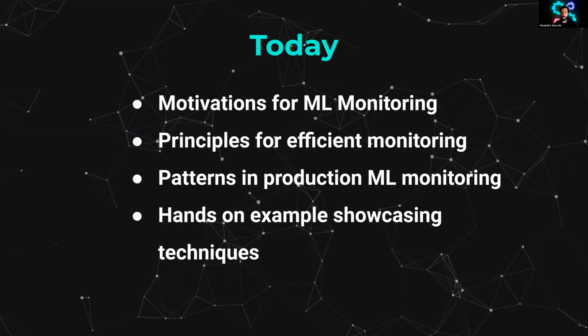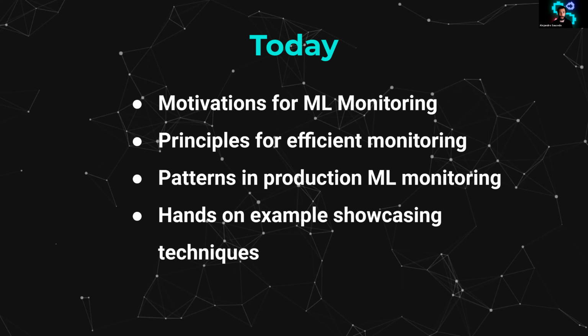Today we're going to be covering a couple of things, including the motivations for machine learning monitoring: why do we want it? Some principles to approach efficient and effective machine learning monitoring, patterns that you can adopt for production machine learning monitoring, and hands-on examples showcasing some of these techniques.